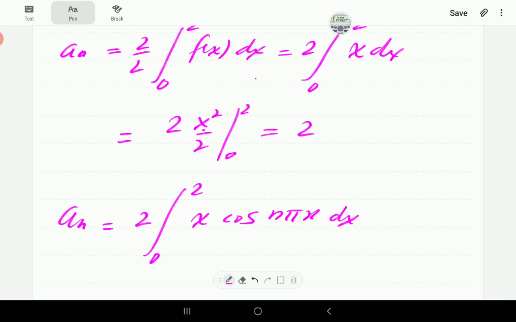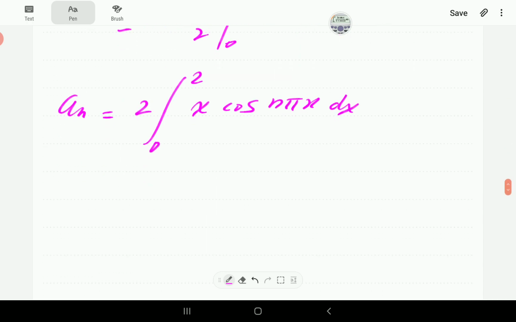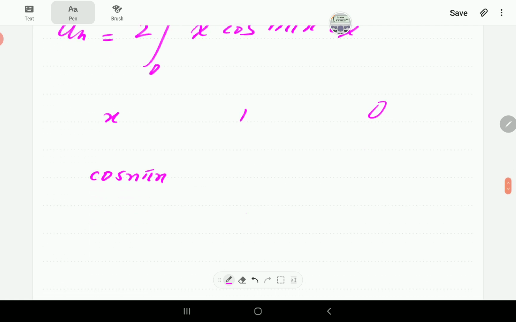We integrate this using tabular integration. So x, 1, 0, against cosine n pi x, 1 over n pi sine n pi x, and negative 1 over n squared pi squared cosine n pi x.